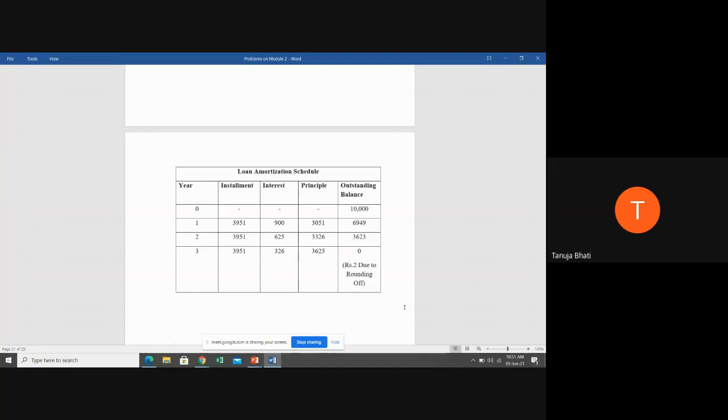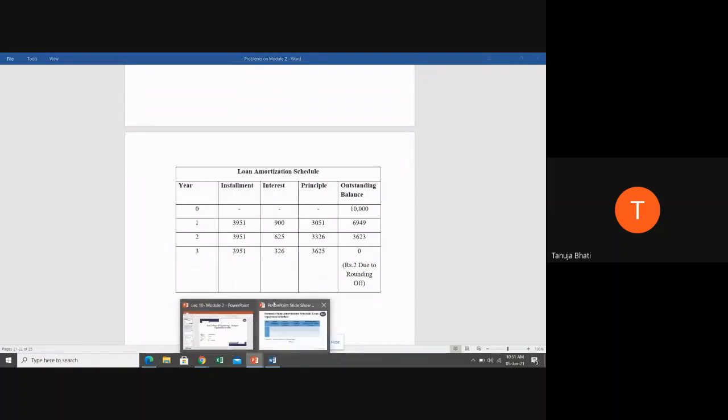If it is 0 or a small difference like minus 2, minus 5, minus 3, that is due to rounding off. But in the exam, you write 0 and write the reason below. Is this clear, students? Yes, ma'am.